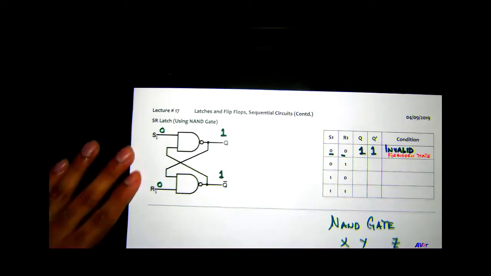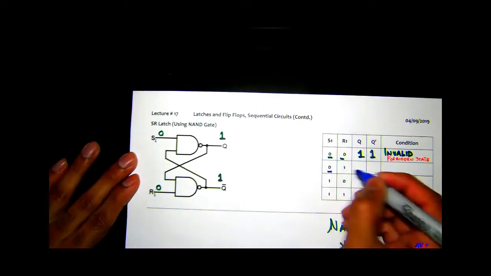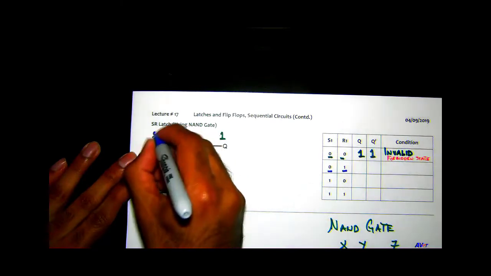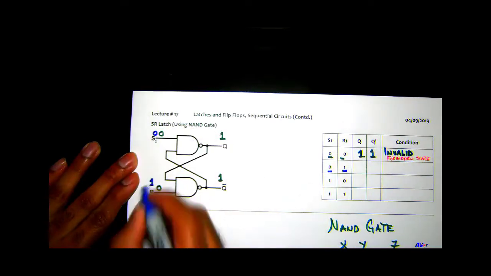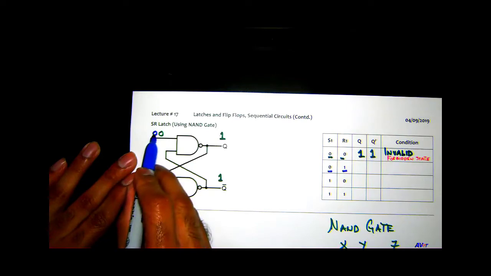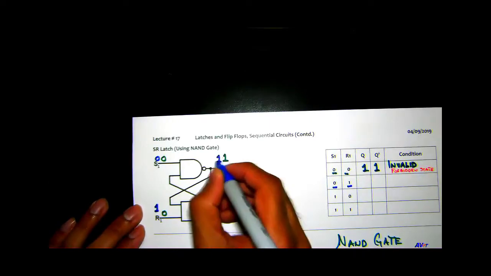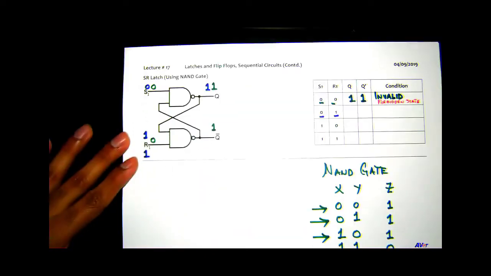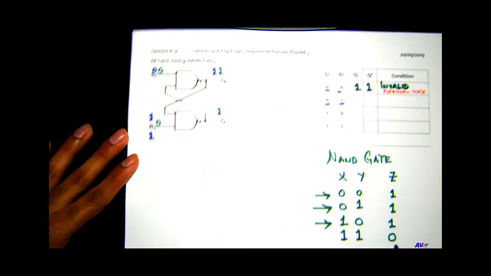Okay, when we have S1 equals 0 and R1 equals 1. So we got 0 here and we got 1 here. We know when any of the input is 0, the output is going to be 1. So which means this is going to be 1. This one is fed into the input of this NAND gate. 1 and 1 going into NAND gate. 1 and 1 gets you 0.